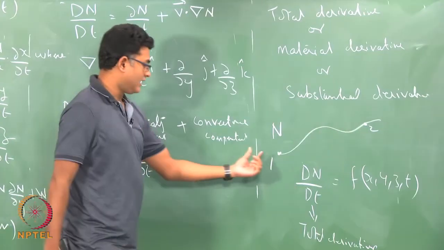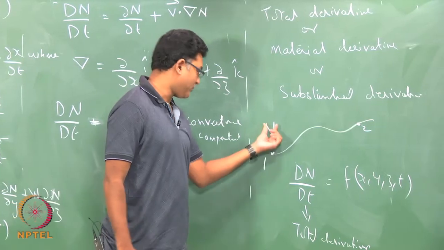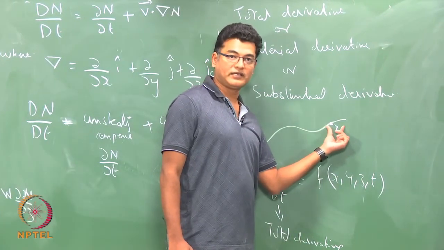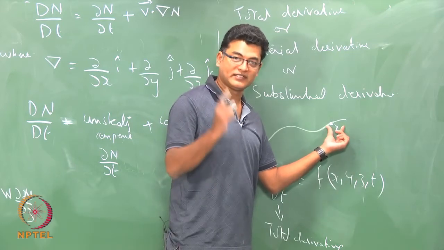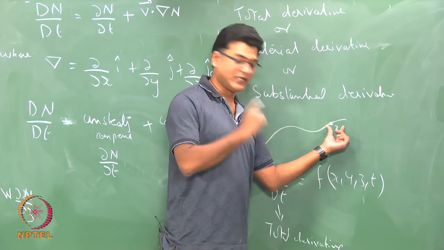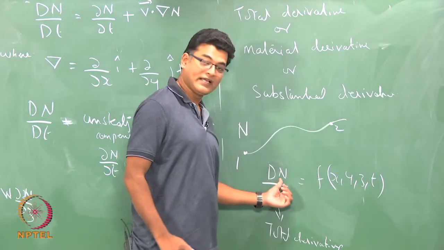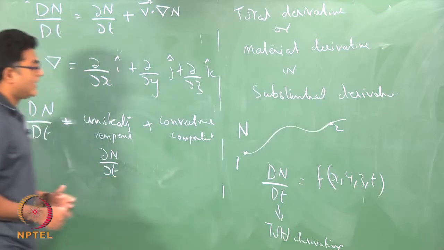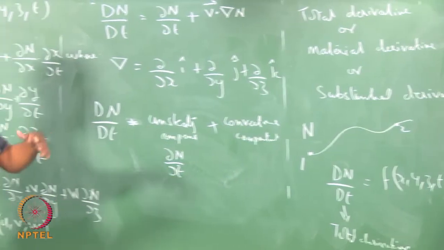So, if I measure the property n at location 1 and I measure the property at location 2 at the same instant of time, then there will be a difference, because n is a function of x, y, z, or the property is a function of space.